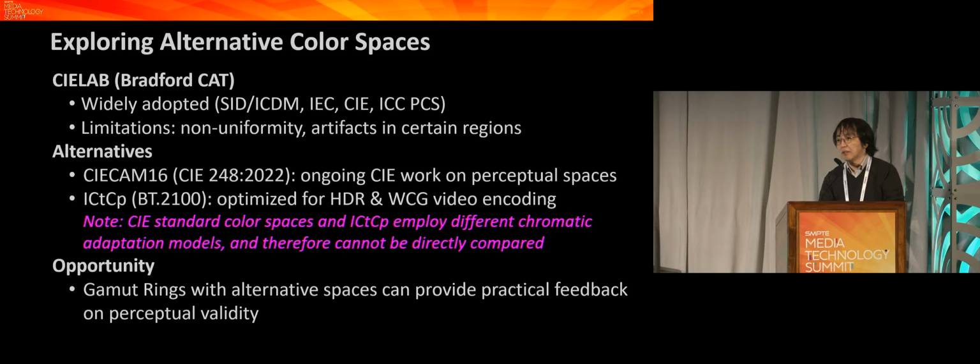But please note that the CIE standard color appearance spaces and ICtCp space employ different chromatic adaptation models or assumptions, so they cannot be directly compared. But I hope we can feed back to the color science community by using the Gamut rings with a bunch of color spaces.